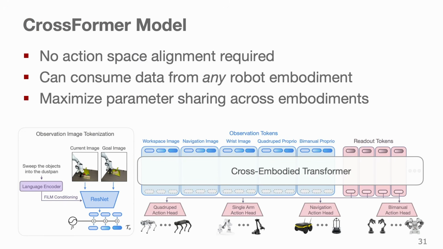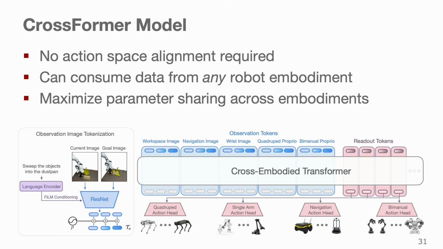So this model accepts variable observation inputs and predicts variable action outputs, which is quite important in order to predict action chunks of different length, because one of the challenges when you do this kind of extreme cross-embodiment learning is that a lot of these embodiments have vastly different control frequencies, right?